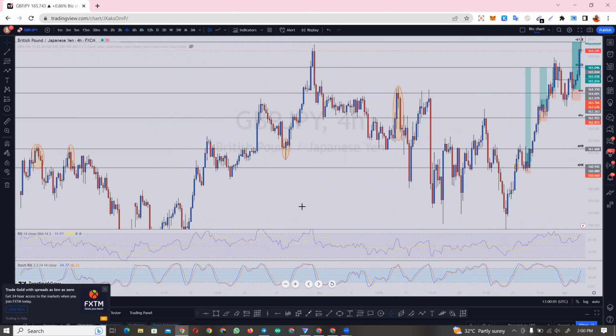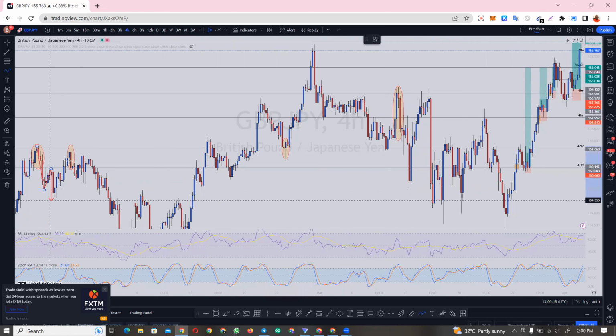If you look at here, price was coming down, broke here, came up here, sellers sold.